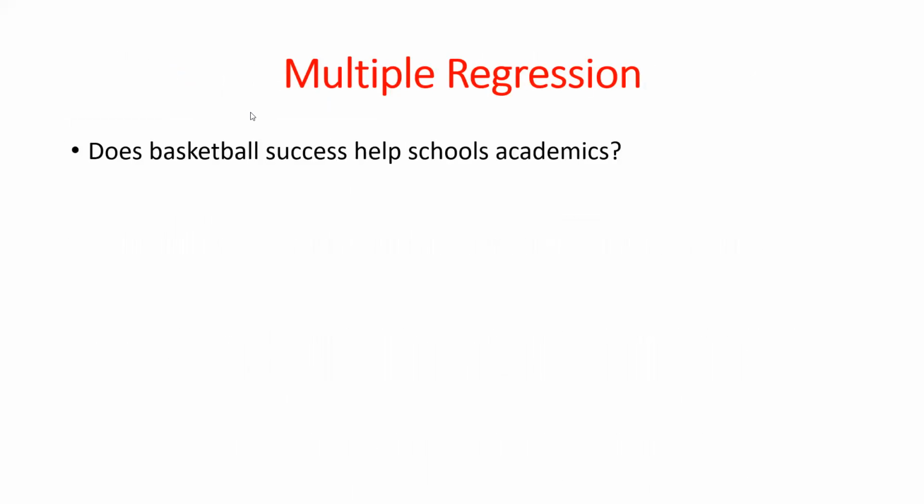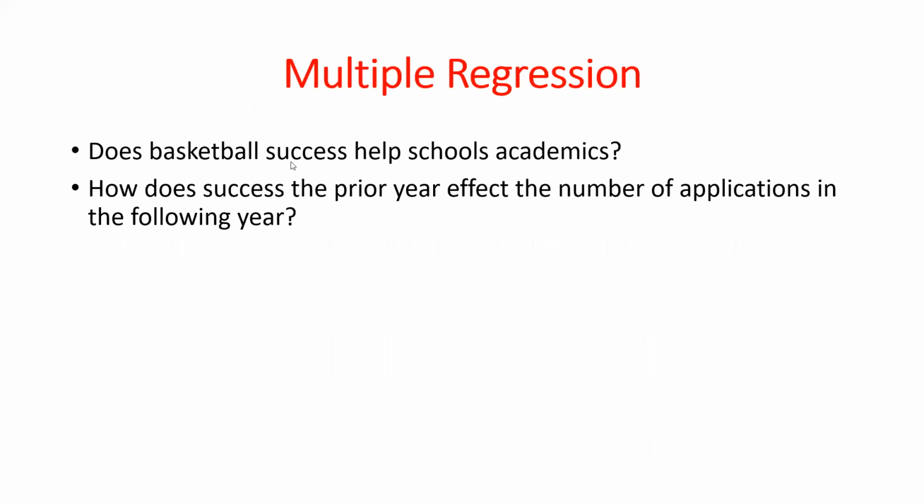Well, if we know that, it could also then be, if I have success in this tournament, does that somehow positively impact my university, right? So I could think about, if a team makes it into this NCAA tournament, do they see the number of applications increase in the following year?